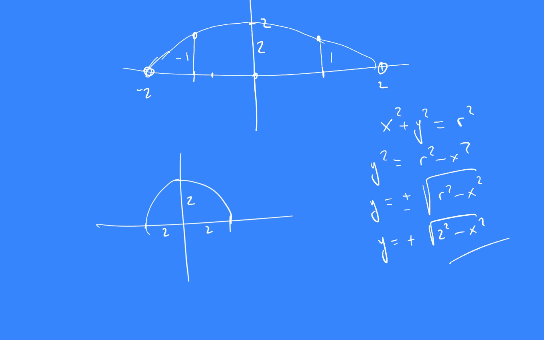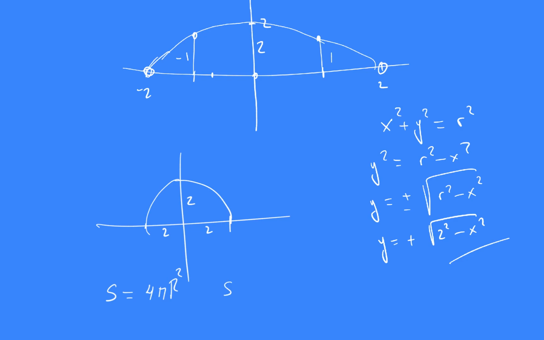Okay, and what it's asking me is, if you revolve this circle through the x-axis, you will find a surface, and the surface will be the surface of what object? It will be the surface of a sphere, and the surface of a sphere is 4 pi r squared.